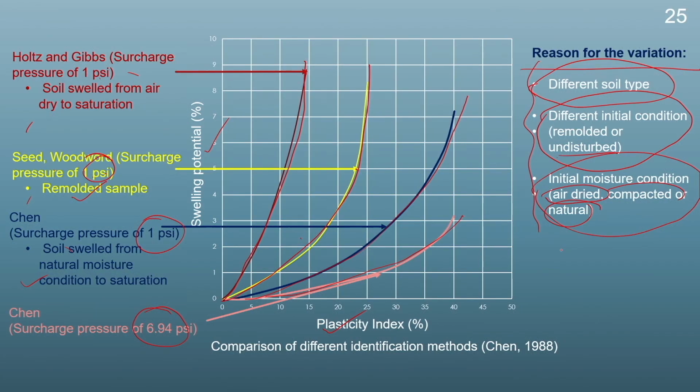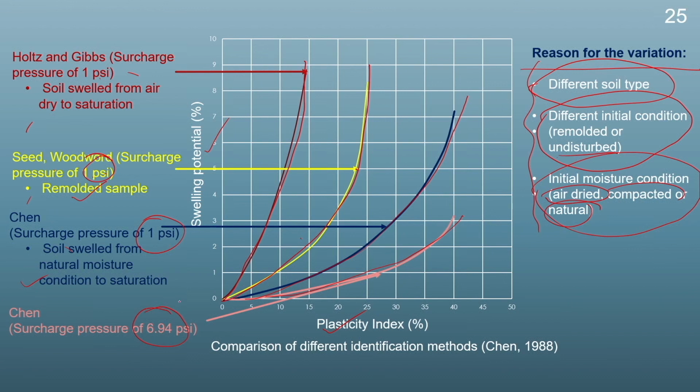Therefore, when we go for any classification, we need to see what different things they have taken into consideration. What is the testing methodology? What is the soil type? Therefore, when we use some classification technique, we need to first see what type of soil they have used for the classification, what are the testing conditions, what is the initial condition, whether it is remolded or undisturbed, what is the compaction condition, whether it is MDD or in situ density or some other density, what is the initial moisture condition from where the swelling was allowed, and what is the surcharge load.